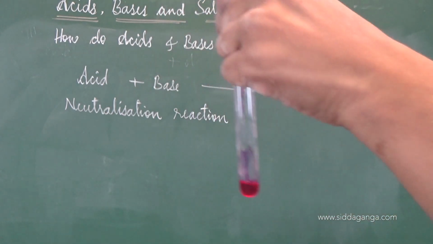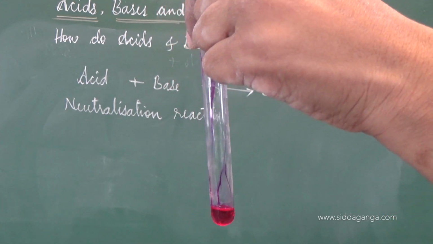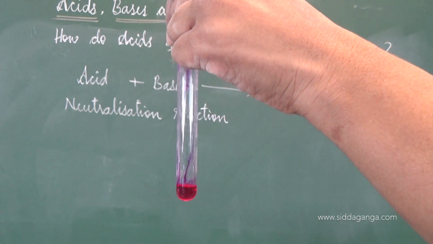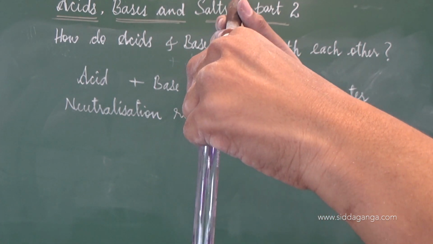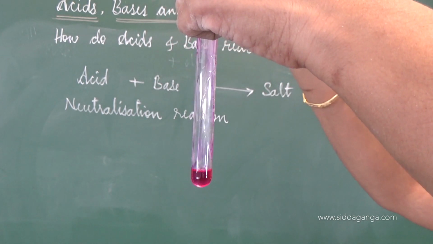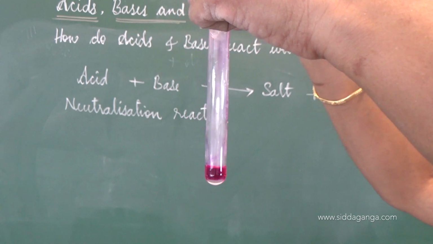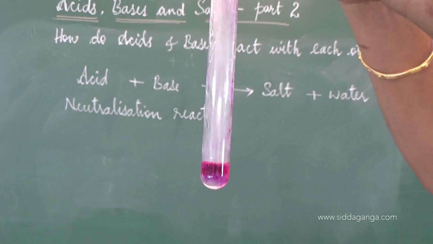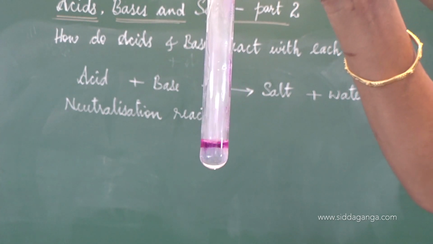Now to this I need to add a few drops of dilute HCl. Please note down, the solution is pink now, dark pink, and upon adding dilute HCl, I am adding dilute HCl to this. Do you find that the color is slowly disappearing?